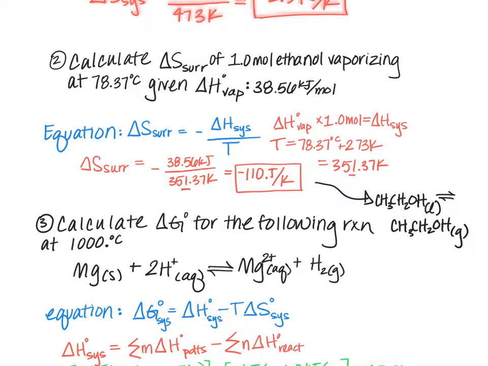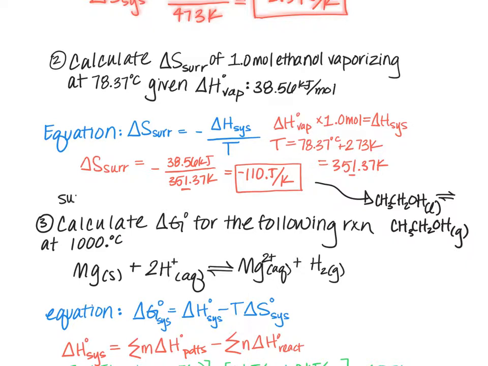Excellent. It should be a negative value. And this should make sense, because if something's being vaporized, that means heat is being put into the system. If heat is going into the system, then heat is leaving the surroundings.